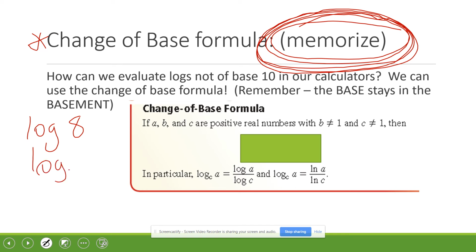But if I wanted to do log base 2 of 8, I cannot type that in my calculator. So the change of base formula allows us to change this in our calculator, and it's log A divided by log C. The base stays in the basement or the bottom of our fraction.